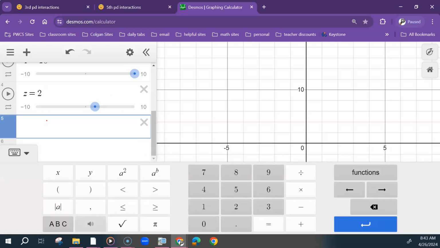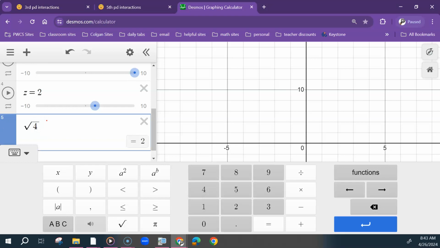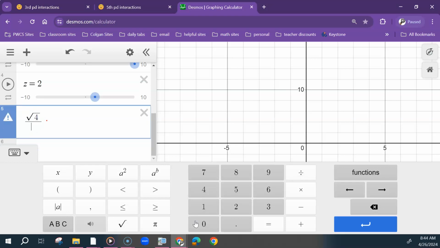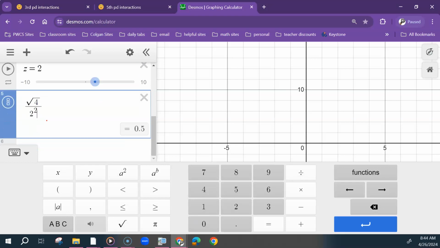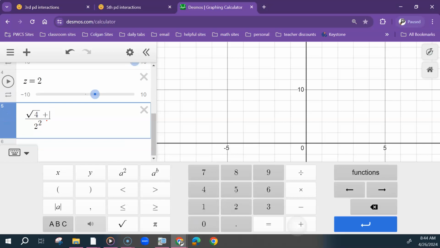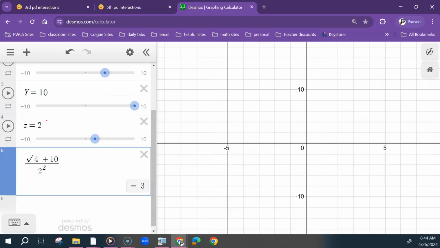Or you could have put this in as the square root of 4 over 2 squared plus 10. So either way, 3 or B was your answer there.